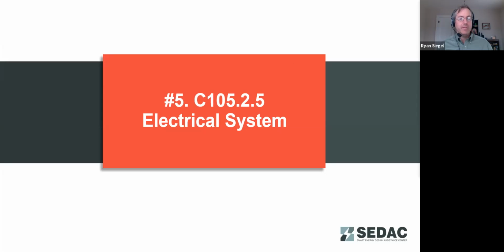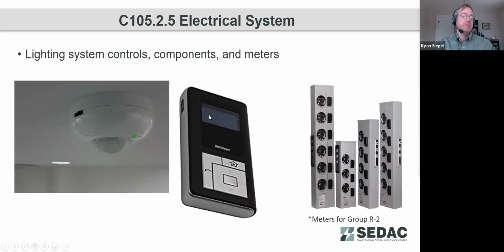All right, so as far as electrical, we're going to touch a little bit on electrical. This is where a lot of time and effort beyond the mechanical goes, particularly for the commissioning of these systems. As part of the electrical systems inspection, looking at the controls, are they in place?